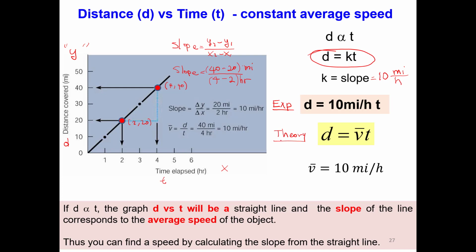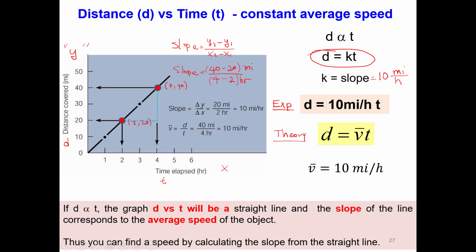If we compare the experimental equation with the theoretical equation, what can we conclude? Distance equals 10 miles per hour times time, so 10 miles per hour must be the average speed.